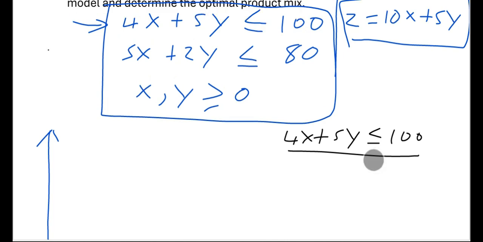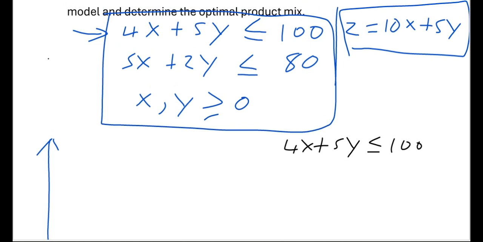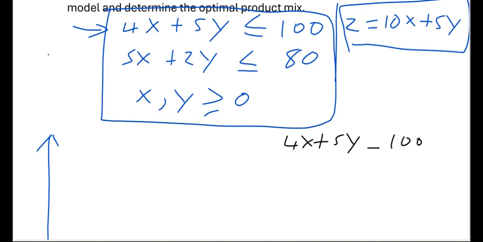So we replace this less than or equal to with an equal to sign. Now you form a straight line, which is 4x plus 5y equals 100. The next, of course, is going to be 5x plus 2y, replacing the less than or equal to with equal to 80.